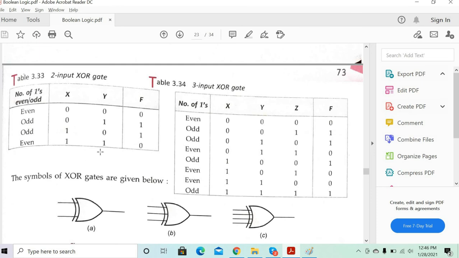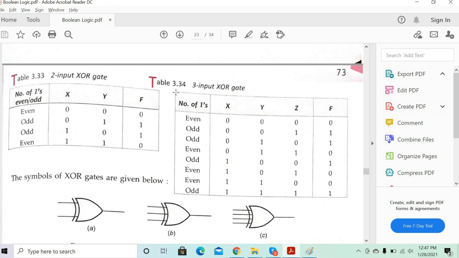Clear? See, odd number of ones. If you have 3 inputs, again you need to find the odd number of ones. With an odd number of ones, the output will be 1. With an even number of ones, the output will be 0. Got it? 3 inputs.